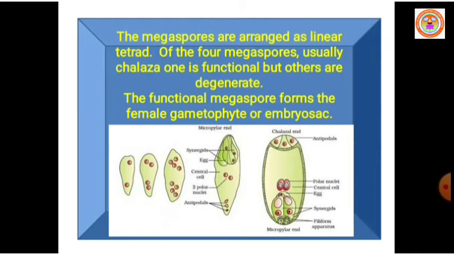The functional megaspore forms the female gametophyte, called the embryo sac. So which is the female gametophyte? Embryo sac is the female gametophyte. And the ovule is called a megasporangium.